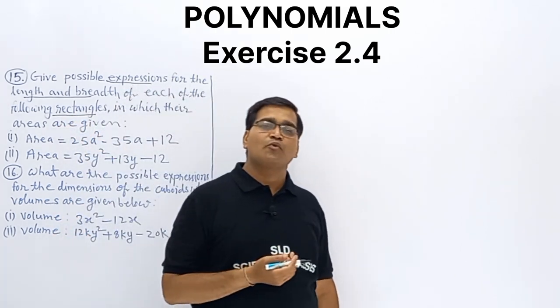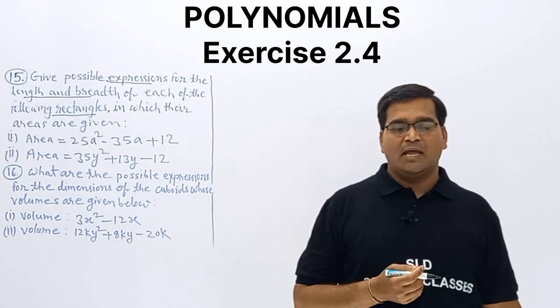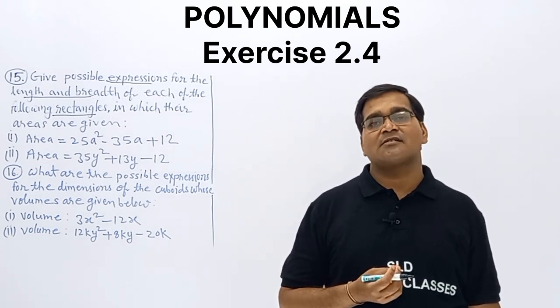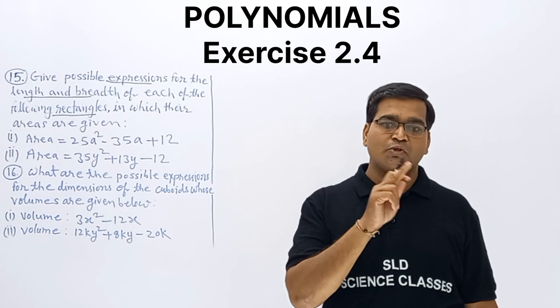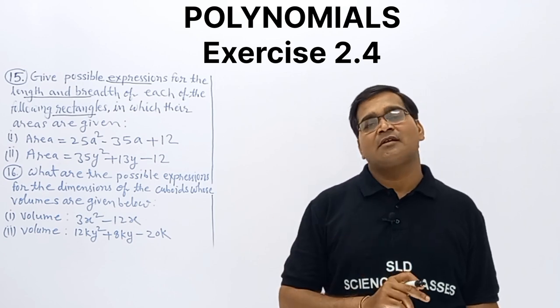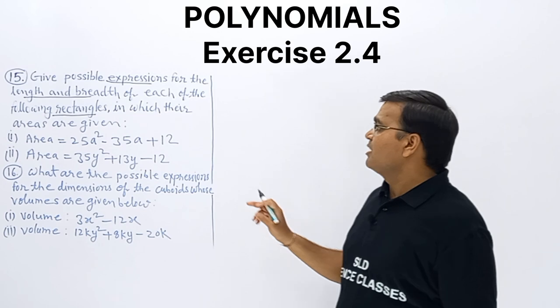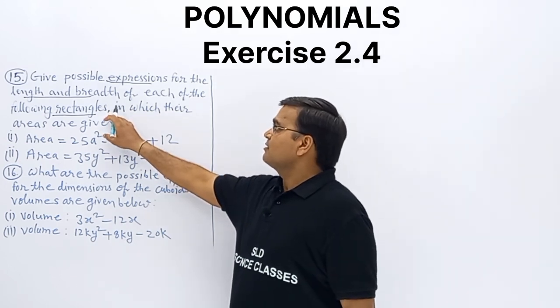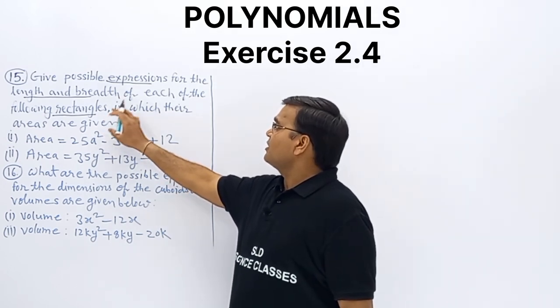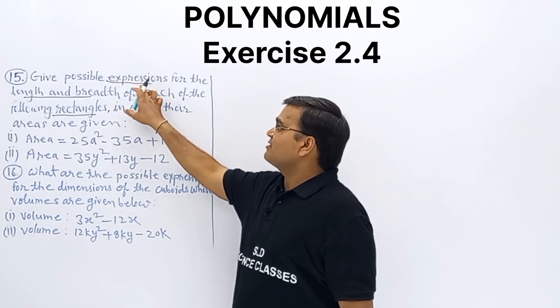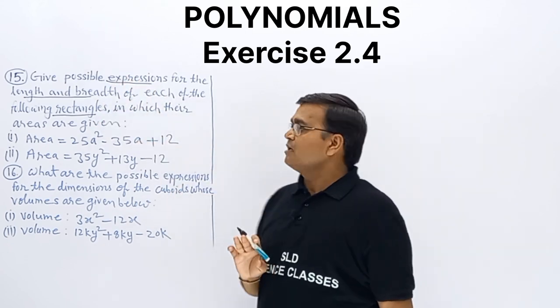A rectangle has four sides, and opposite sides of a rectangle are equal. Clear? So, in each of the rectangles, we want the possible expressions for length and breadth.